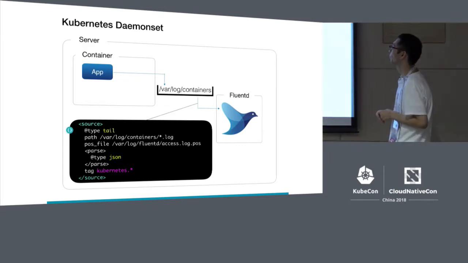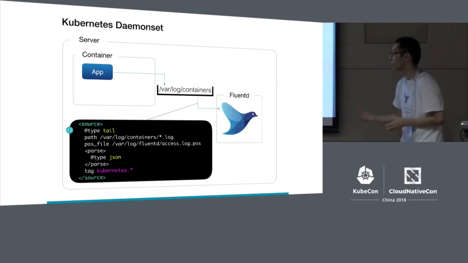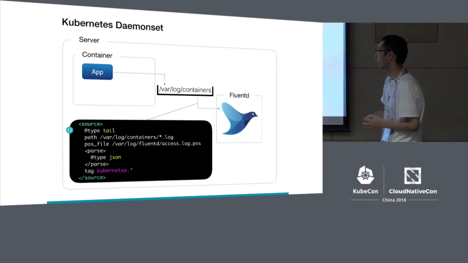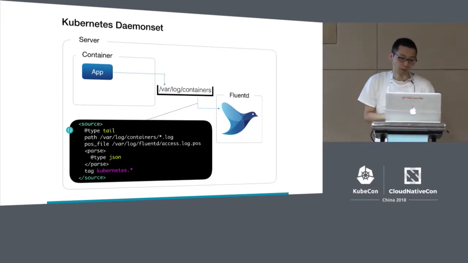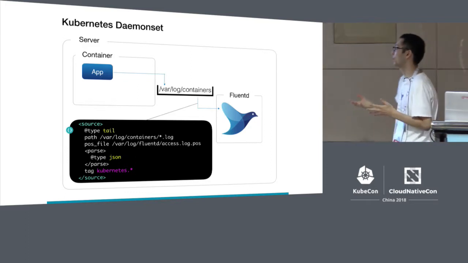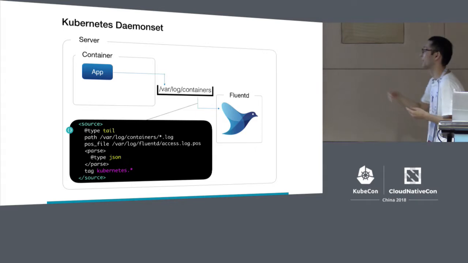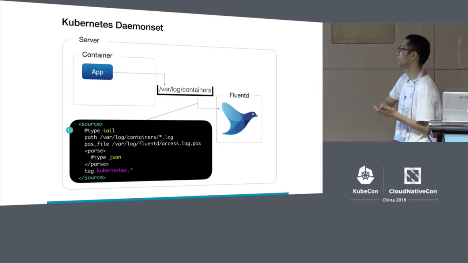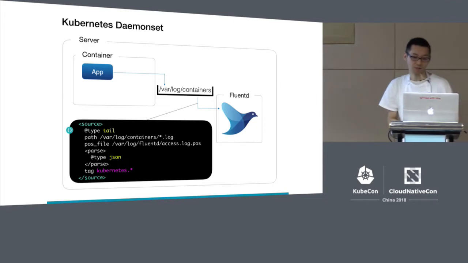So Fluentd resolves this problem by using the tail plugin to collect all container logs under var containers. If you set up the Fluentd DaemonSet, Fluentd automatically reads all the logs under var containers and sends them to a destination, such as Elasticsearch or others.